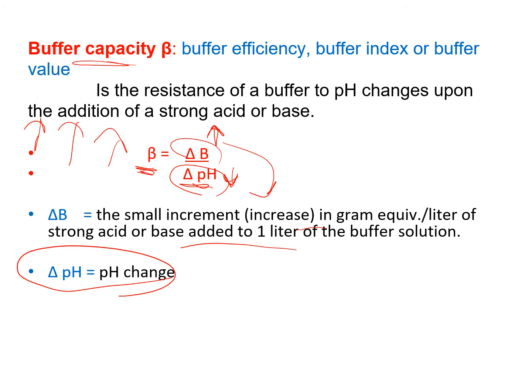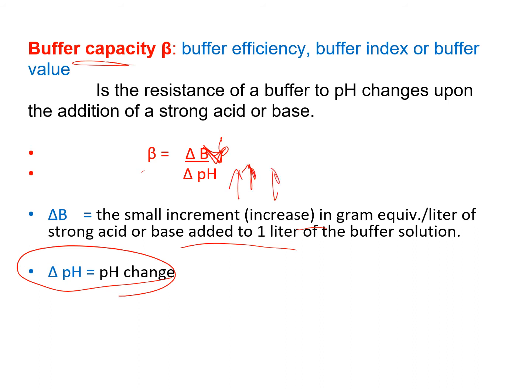If you add a small amount of acid or base and this leads to a huge change in pH from 7 to 11, it means that the buffer is not good and buffer capacity is very low.